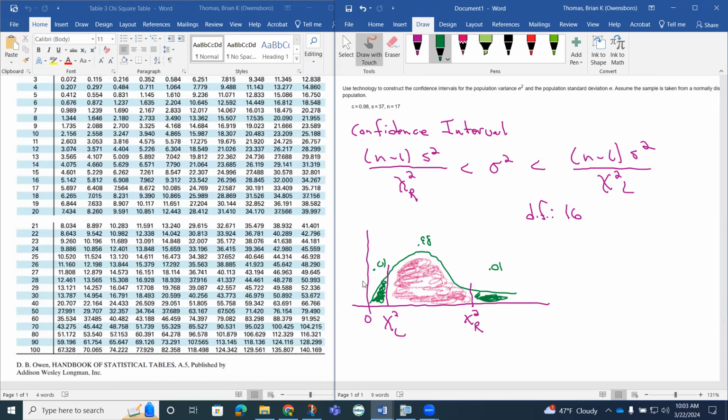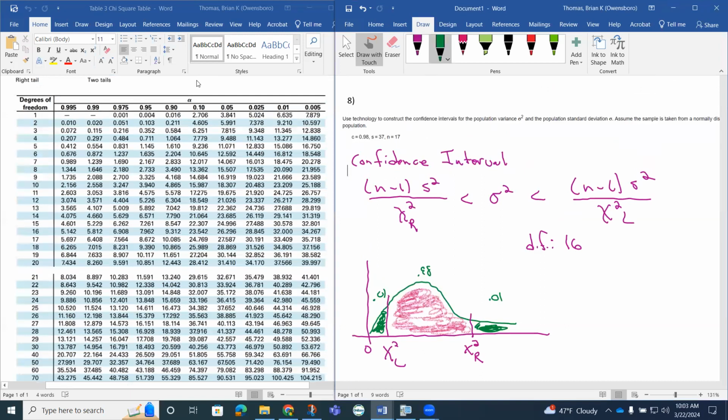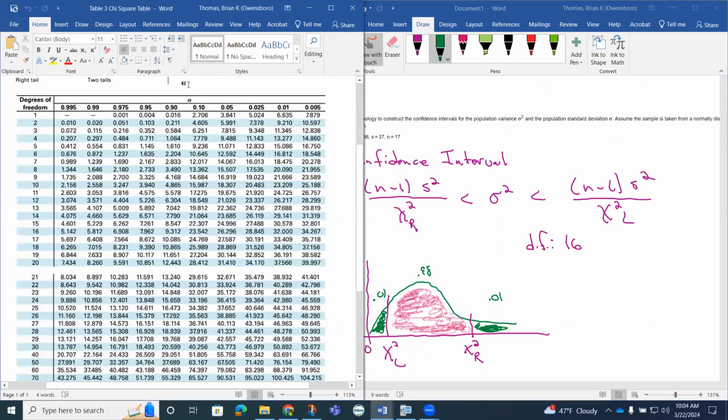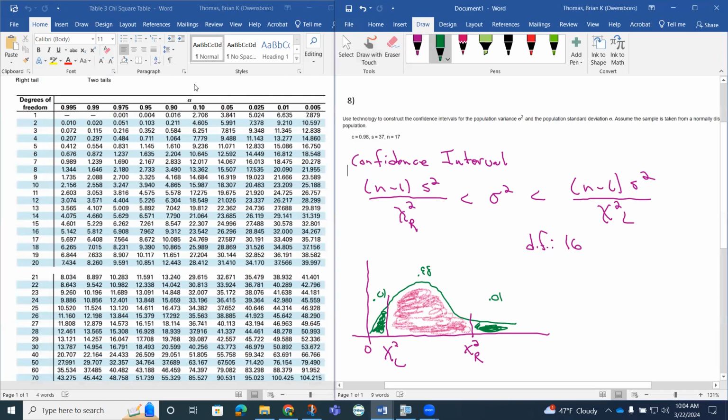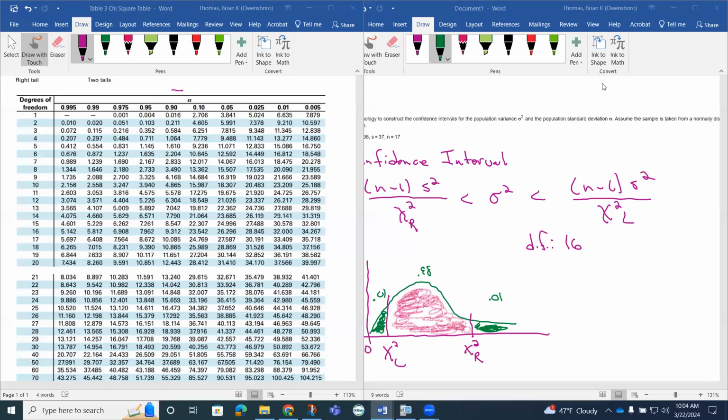So to use the table, remember what we talked about as a way to not use as much math: this table gets broken into two pieces. The chi-squared R values are over here, and the chi-squared L values are over here.